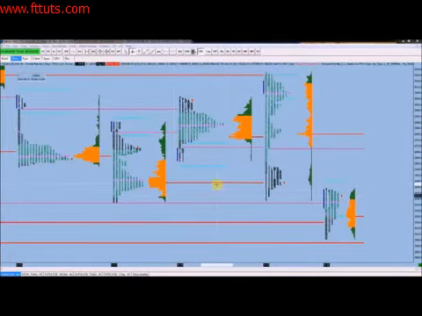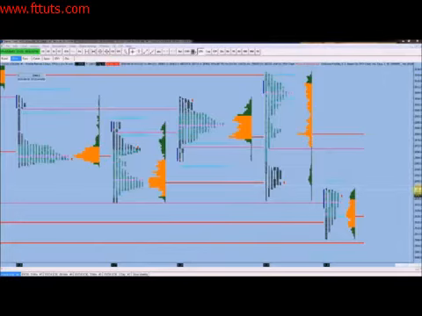So it really is, when you wind trading down, you're winding it down to actually one of two things. Is previous value accepted, or is the market shifting out of value? They are the only two things you should ever be thinking. Is previous value accepted, or are we shifting?